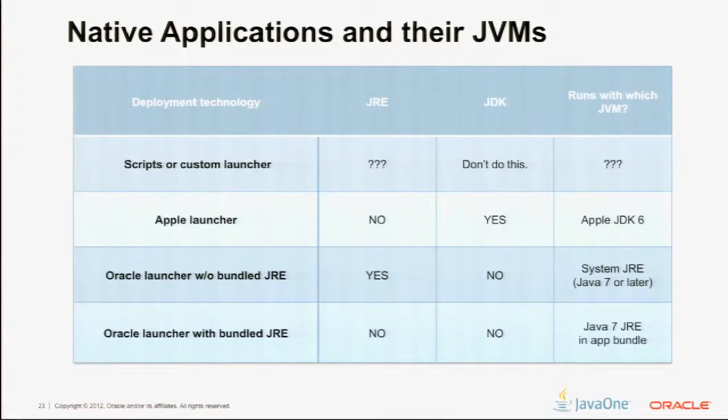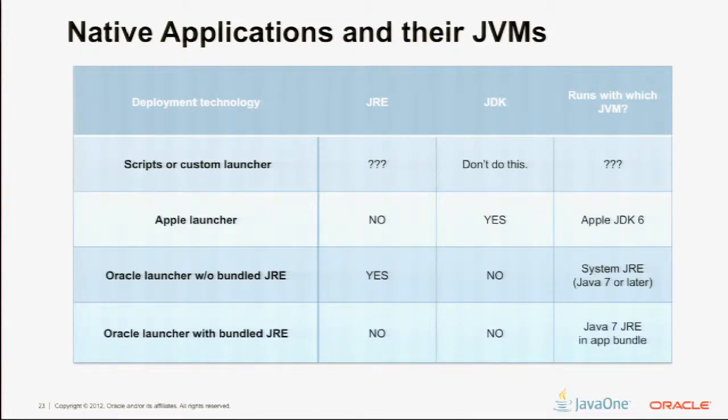If you use scripts or your own custom launcher, it is possible to put a shell script in an application and have it run that way. In that case, we don't know what you're going to end up using, your own JRE or a JDK. I say please don't do this. This is relying on a JDK to be there for your application to run. We really don't want that.